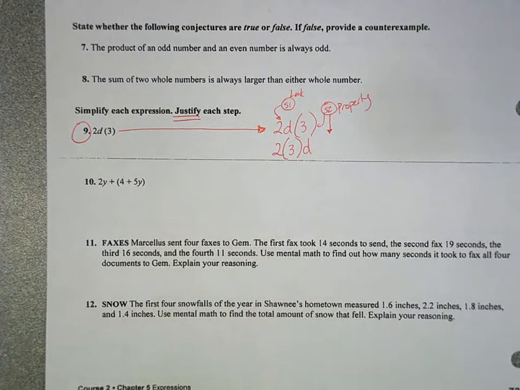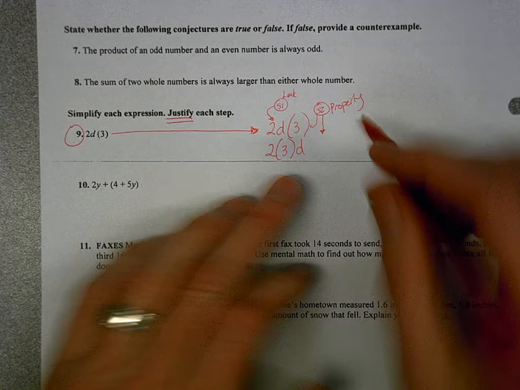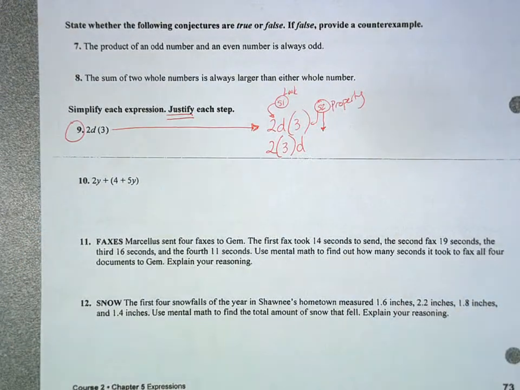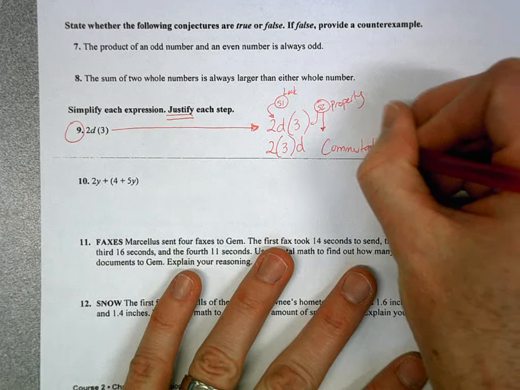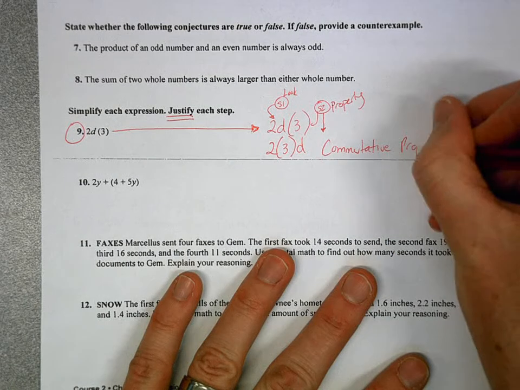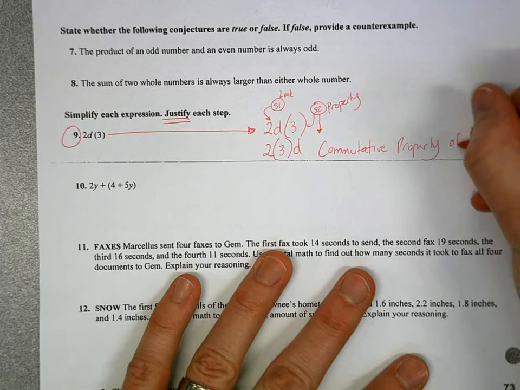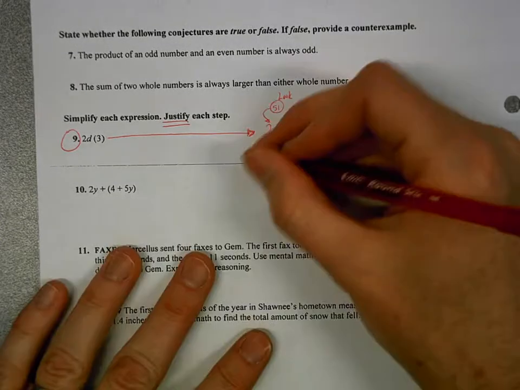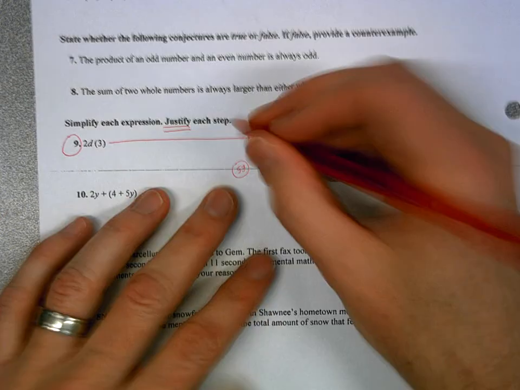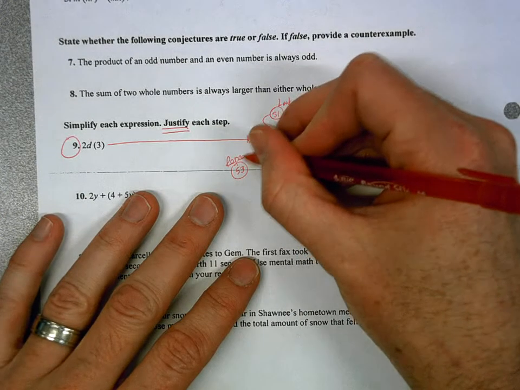All I did when I flip-flopped it, using multiplication, this is the commutative property of multiplication. Now step 3 is basically to repeat both steps.